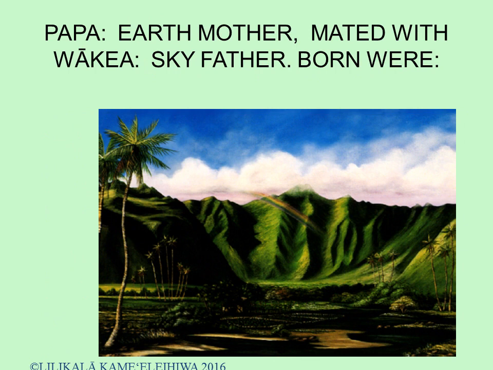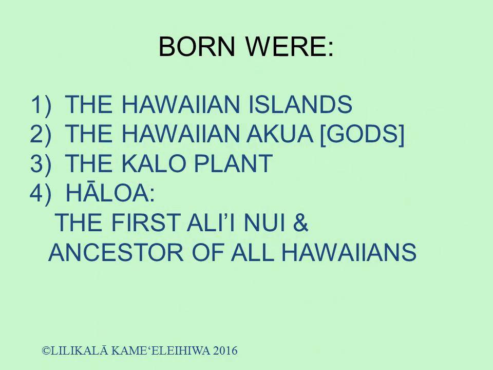From the time when Papa, the Earth Mother, mated with Wakea, the Sky Father, and born from this genealogy were the Hawaiian Islands, Hawaiian Akua, or gods, the kalo plant, Haloa, the first ali'inui and ancestor of all Hawaiians. You've heard this story before.